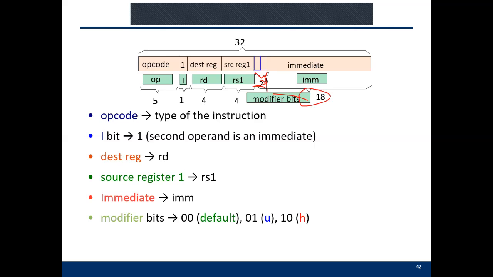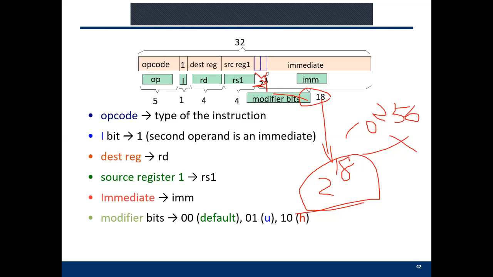The immediate number occupies 18 bits. Again, the same issue can also happen on the immediate number. Can you encode 10 to the 256? I'm afraid not. You cannot do that because you only have 18 bits here. In the best case, this is the largest number you can index. If you want to index a larger number, that's impossible.